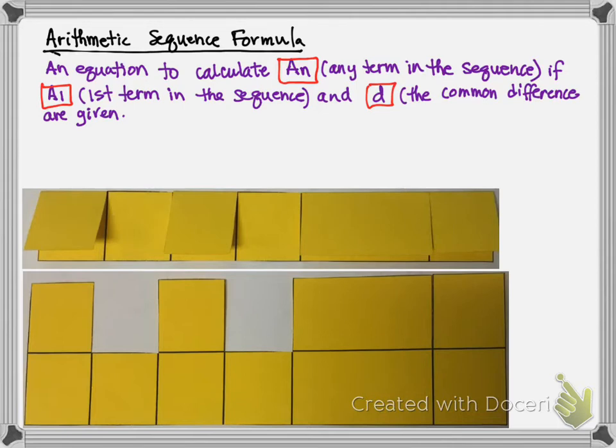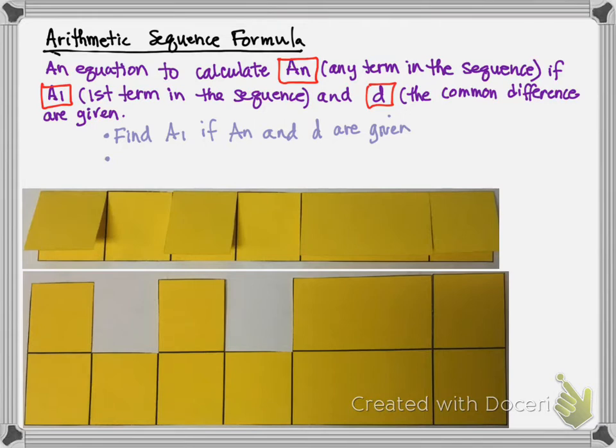So we're also going to have some alternatives here. The alternatives are, we could find the first term, a sub 1, if some term in the sequence, a sub n, and the common difference, d, are given. So now we're not going to just solve for a sub n, some number in the sequence. We're going to find other things.